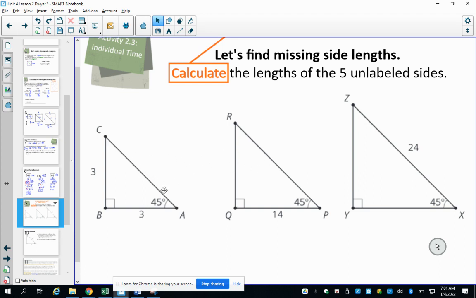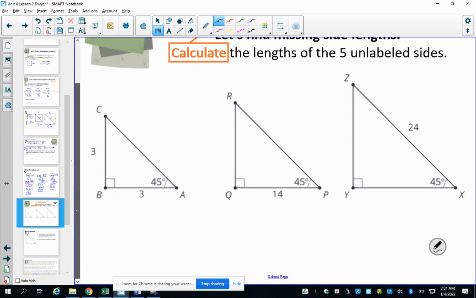In this case, AC here, RQ and RP, these two legs. I want you to do the first two with the Pythagorean theorem and then try to generalize it with this one. When you're doing the Pythagorean theorem, I want you to simplify the radical in the end. You can pause the video, try each of those, and then come back.